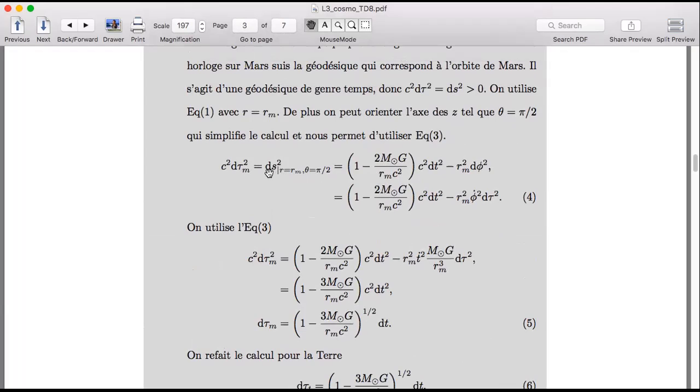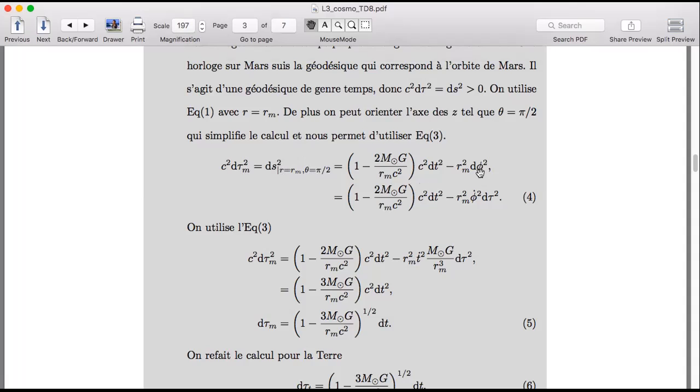So we want a ds squared, which will be c squared times the proper time interval measured by our clock on Mars. So we want ds for a trajectory which has a fixed theta. It has a fixed radial coordinate because it's essentially a circular orbit, but that leaves 2 coordinates that are changing, coordinate time and the azimuthal angle.